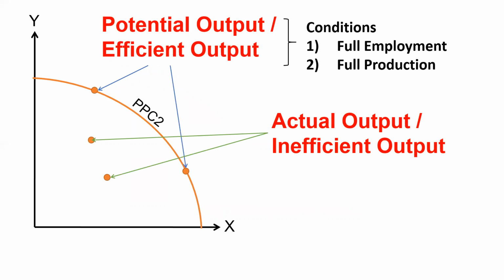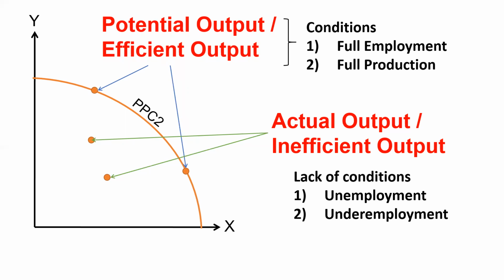We call them actual output or inefficient output. There are two conditions for a production to be inefficient: unemployment and underemployment. If the resources are unemployed or underemployed, there is no opportunity cost.